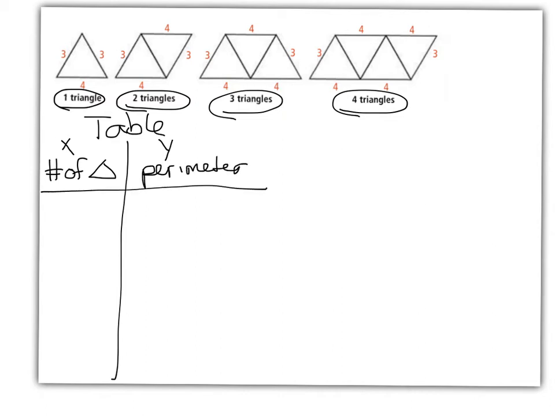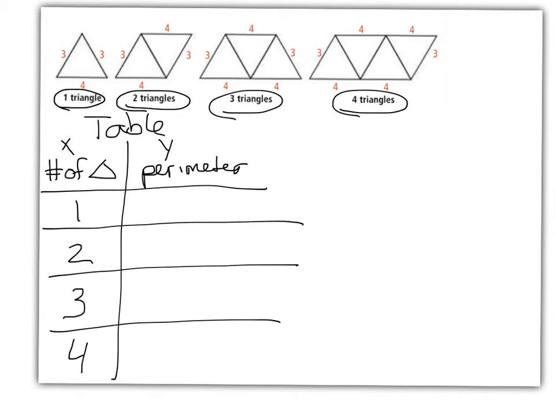So we have 1 triangle, 2 triangles, 3 triangles, 4 triangles. Now, instead of just writing down the number, let's do the same thing we did last time. Try and figure out what's constant each time, and what you're adding on, like how the perimeter is changing in response to the number of triangles.